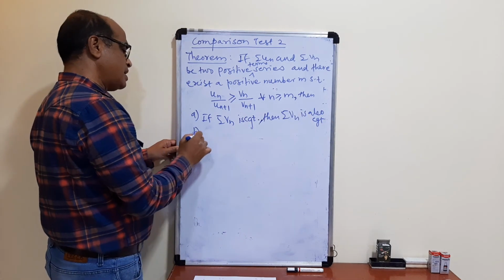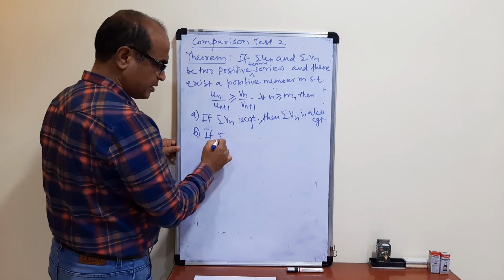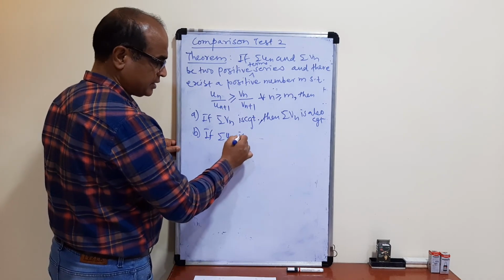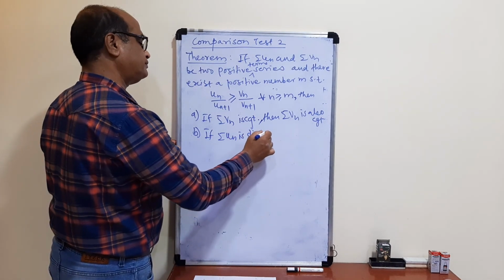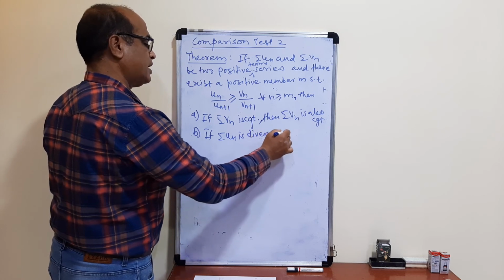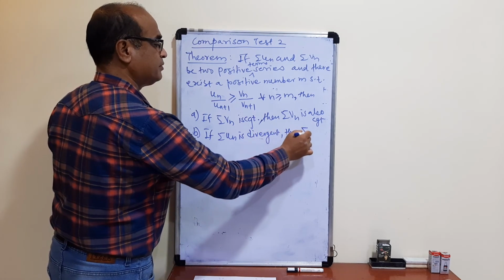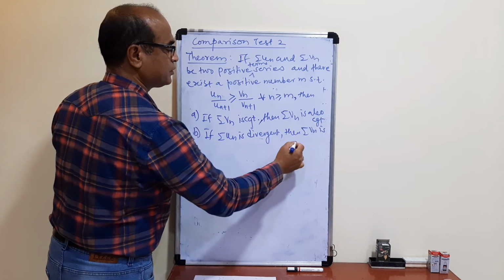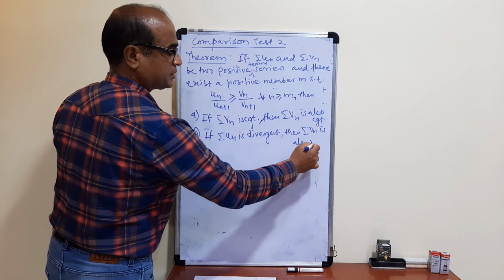Note (b): if summation un is divergent, then summation vn is also divergent.